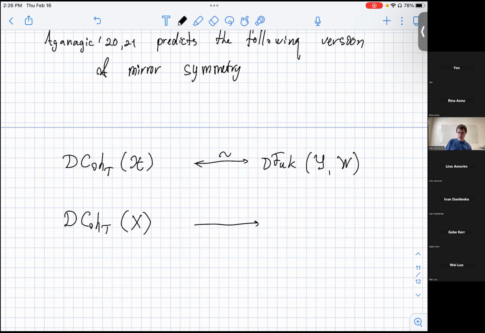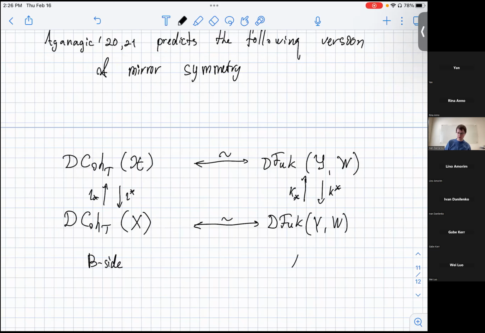It turns out that it's also mirrored by a certain Fukaya category. And we had natural functors here, the derived push forward and pull back. They're also mirrored here by some functors. Okay, so this side we call the B side, and this is the A side.